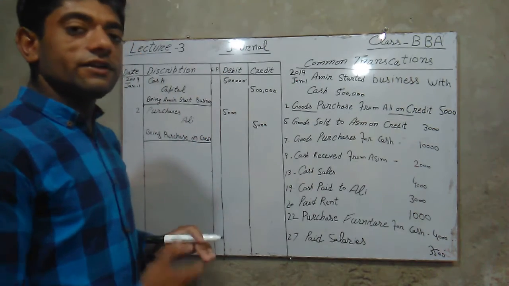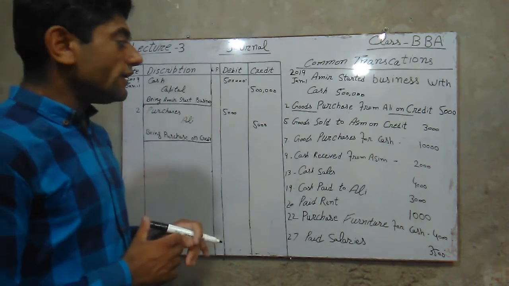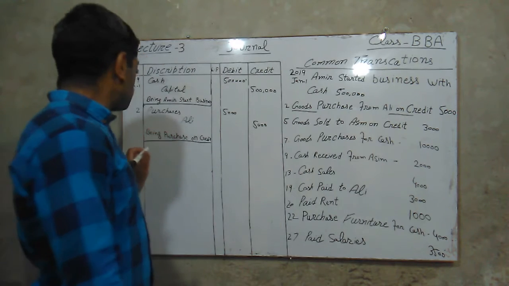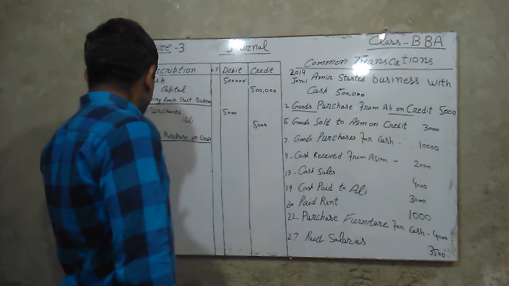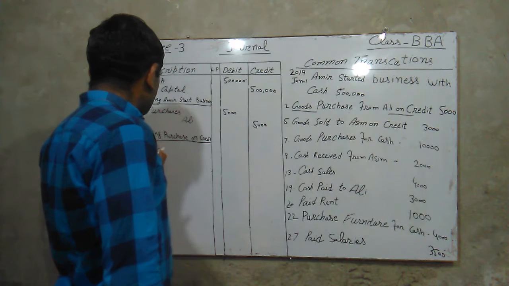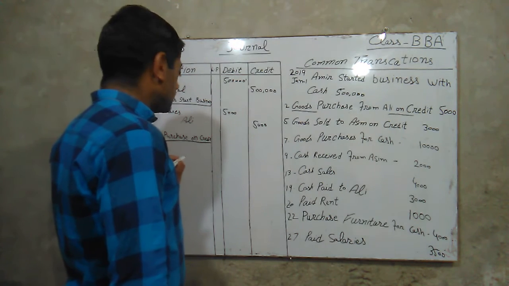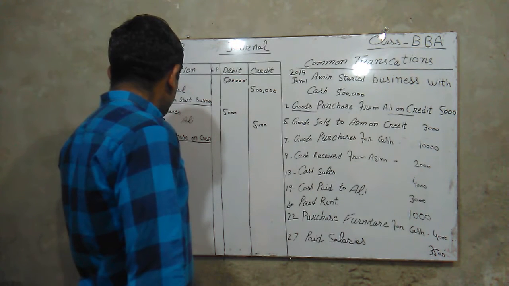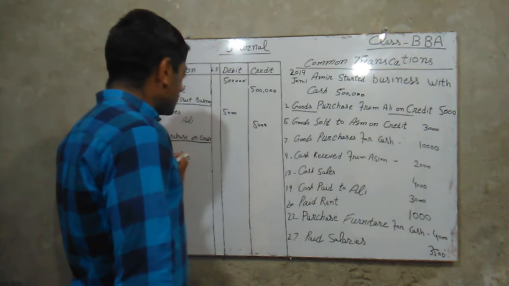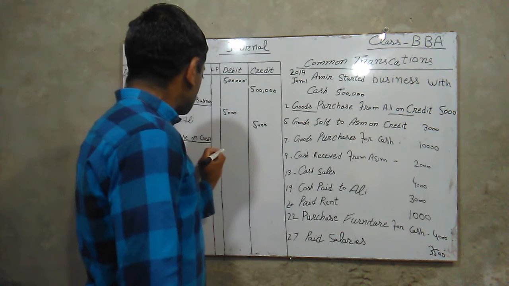So when sales increase it's credit, and when assets increase it's debit. Asim debit and sales credit 3,000.